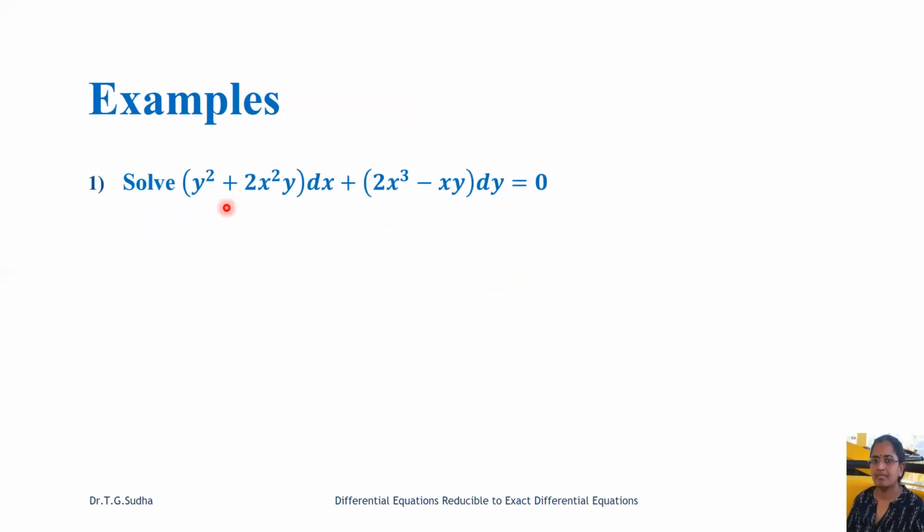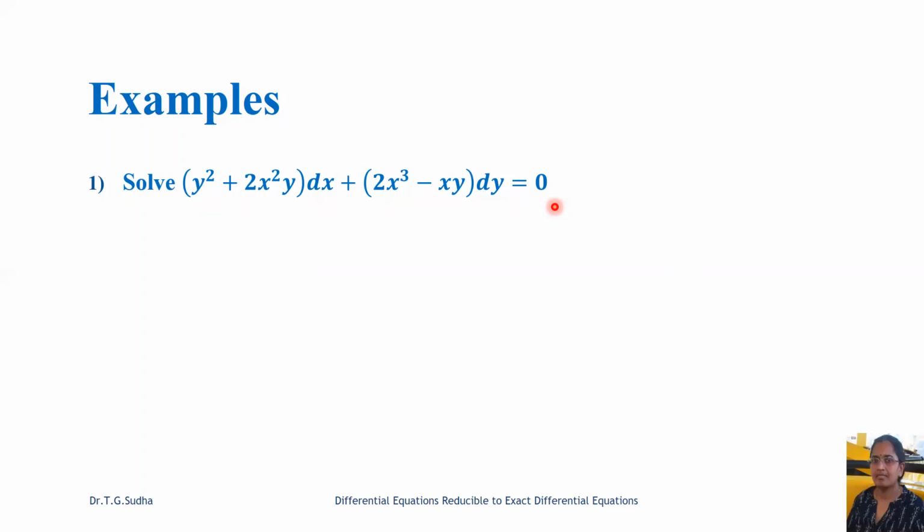Solve (y square plus 2x square y) dx plus (2x cube minus xy) dy equal to 0. Now let us bring this equation to the form just discussed.